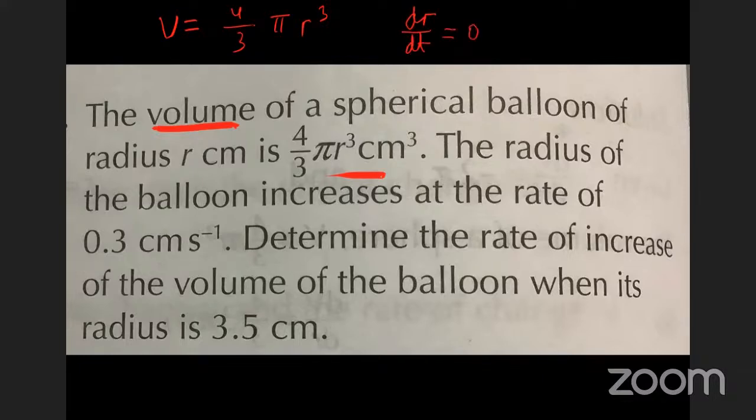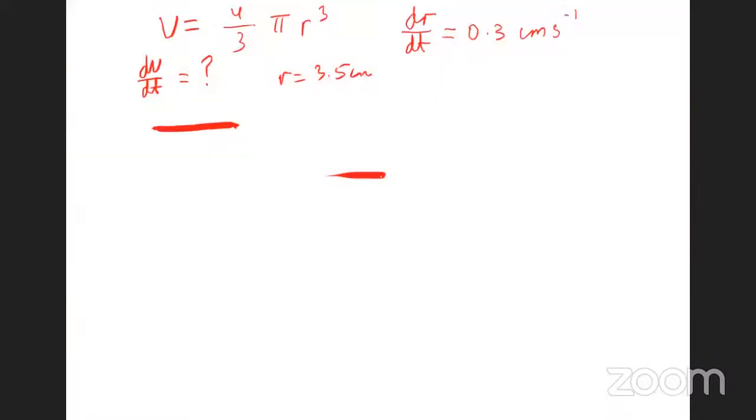The dr dt is equal to 0.3, right? And then they wanted to find the rate of increase of volume. So they wanted to find dV dt, when r is equal to 3.5, right? So that's all the information you have there.